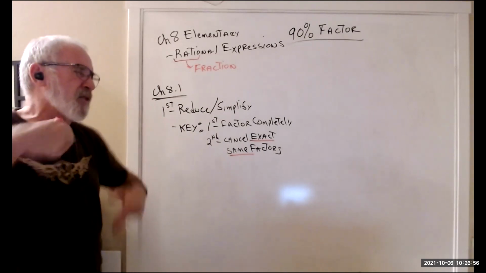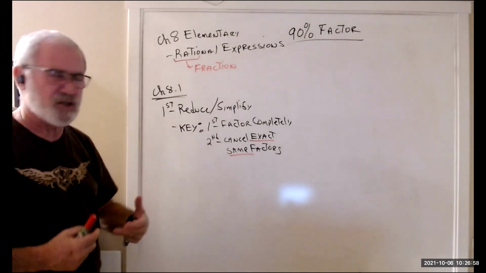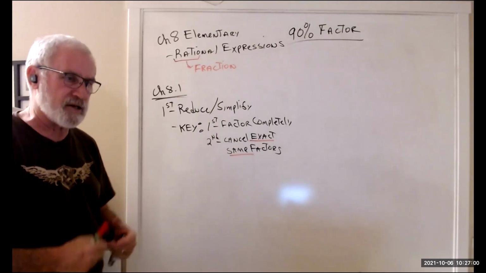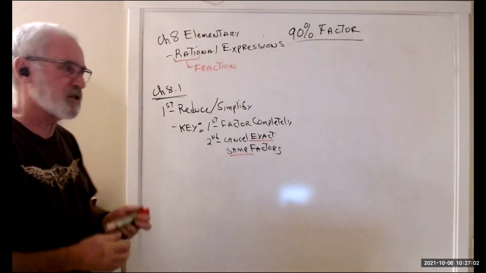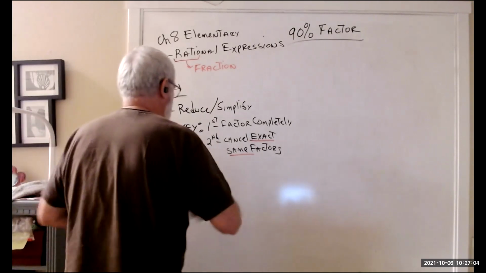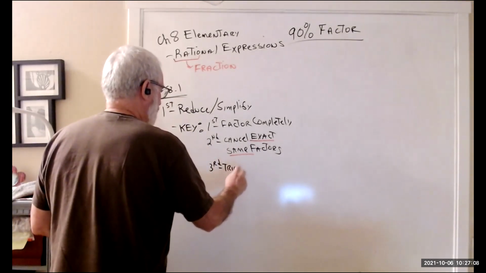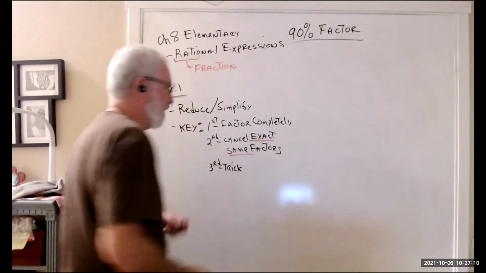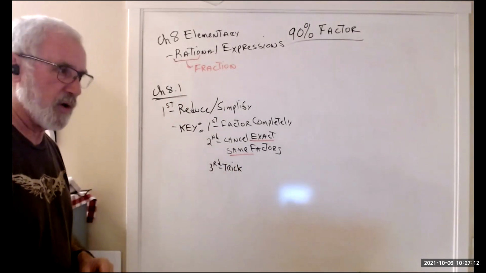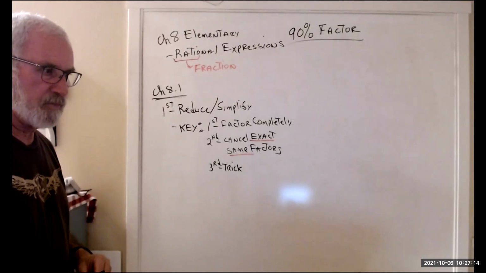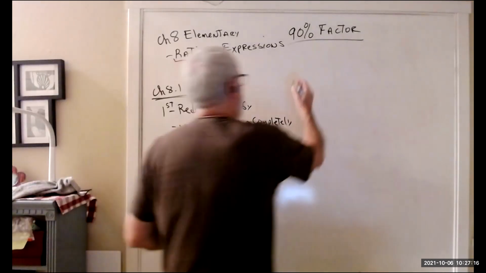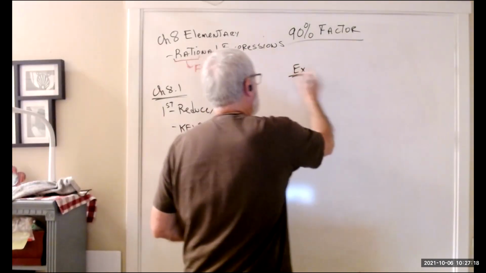Even if they kind of look like first cousins, you can't cancel them. They've got to be exactly the same, except there is a trick that we have to worry about, and I'll get to that in a minute and show you how to find that trick. But let's go back to that example I had up here.